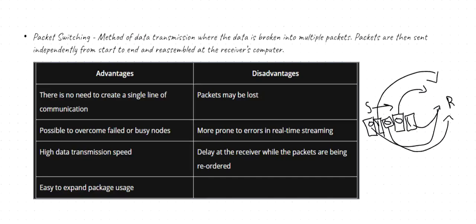However, when it gets to the receiver's end, it rearranges itself and then it gets there. Let's study the definition as well. Packet switching is the method of data transmission where the data is broken into multiple packets. Packets are then sent independently from start to end and reassembled at the receiver's computer.